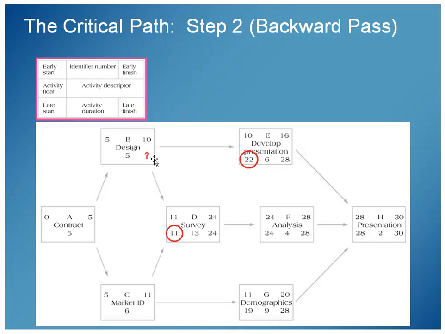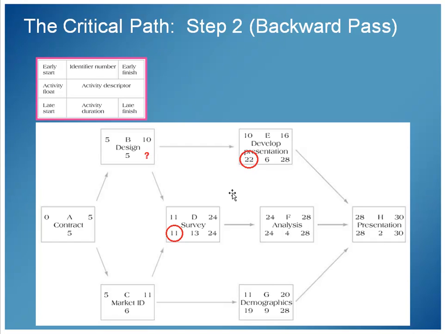Well, it's a very simple rule that when you're doing a backwards pass and you have your consolidation points, what was a burst. B was a burst moving to the right, so going backwards, we're joining into that burst. You always use the smallest of the late starts that are coming into that burst.